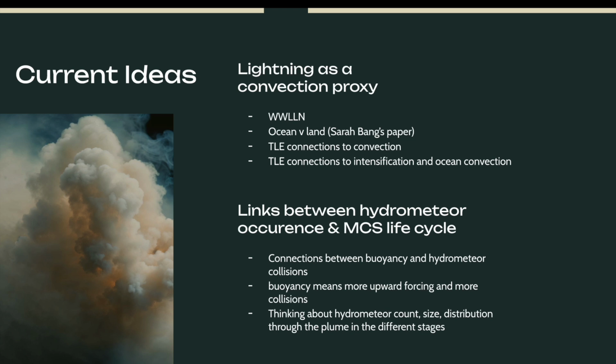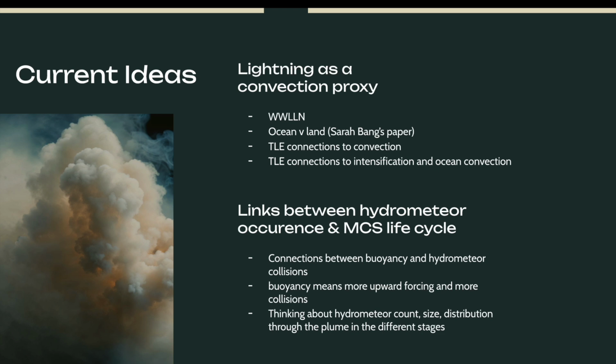Other research is Sarah Bang's work, looking into some of the differences that we see in lightning occurrence in oceanic originating convection versus land originating convection. Remote means have definitely improved, enough to the point that I think we can start potentially shifting this analysis into seeing how we can use upper atmospheric lightning, known in the literature as transient luminous events, or TLEs.